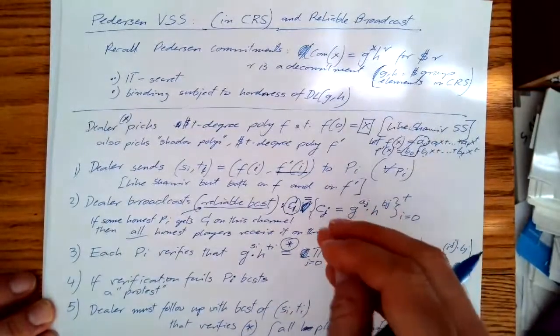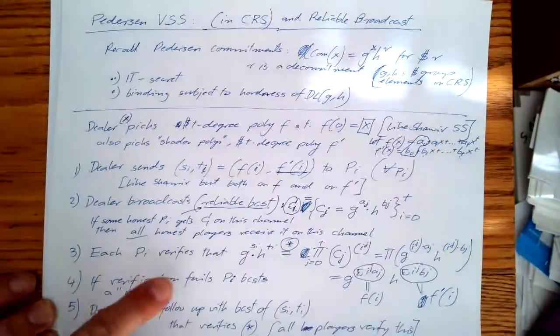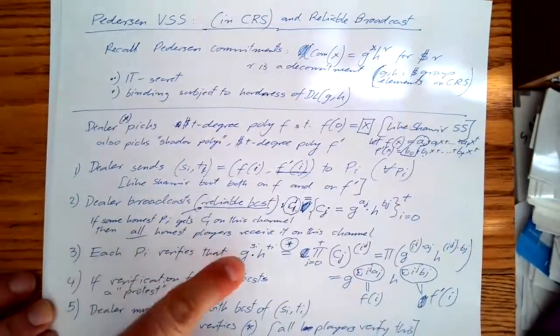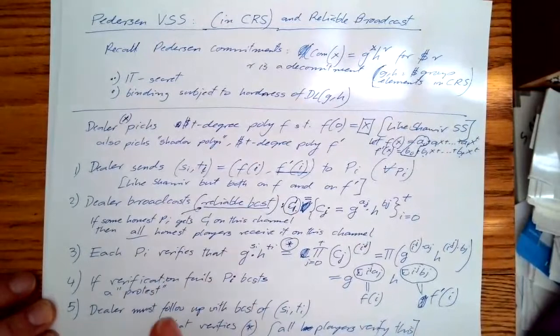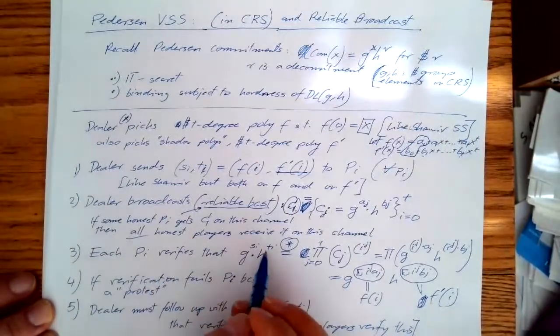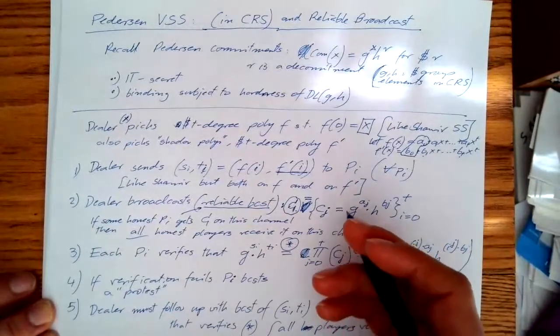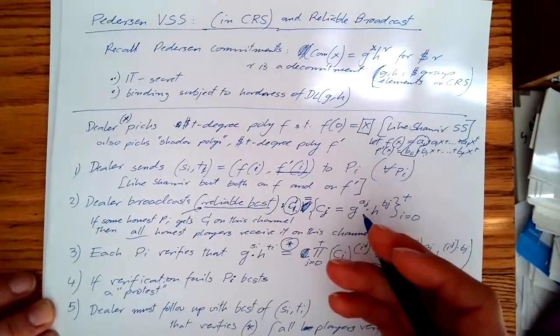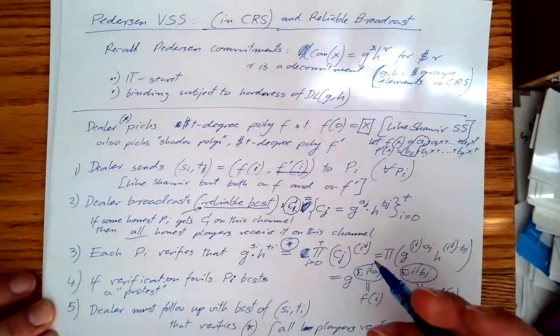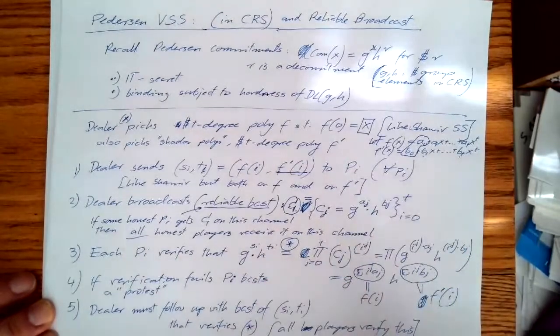If good players got their shares at this point, they already hold those shares. If any of them didn't, then it must have been broadcast afterwards. So either way, you always get some T+1 shares that correspond to this shared value. And therefore, once you reconstruct them, you do get the shared value.